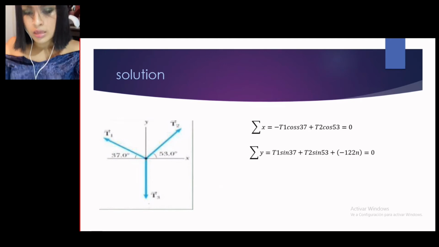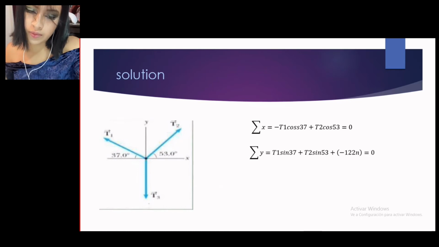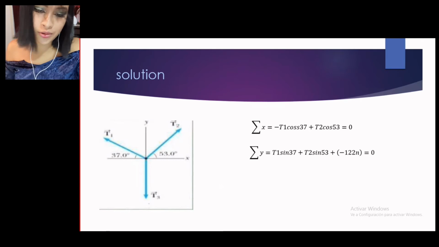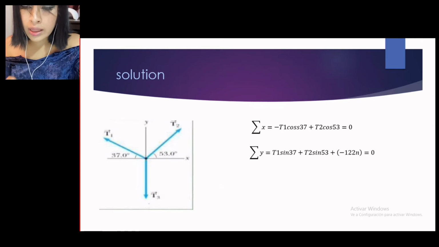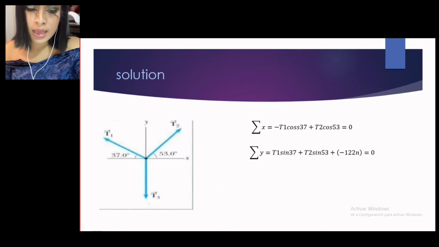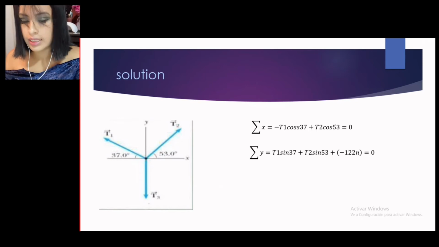Add T2 sin 53, which is positive because it is on our positive side. Take 122, and we have this number because it is our given data.